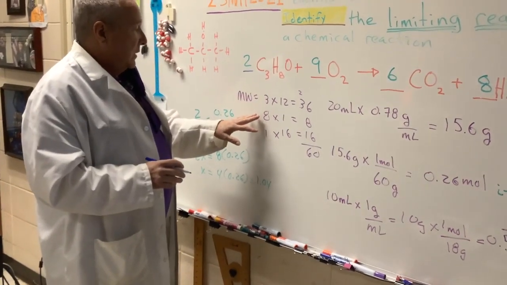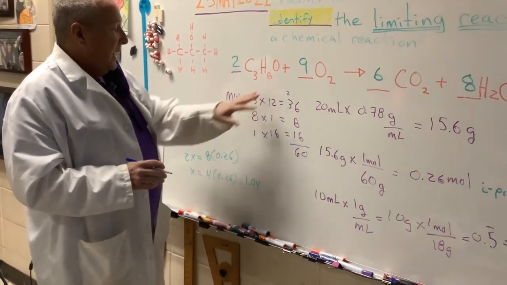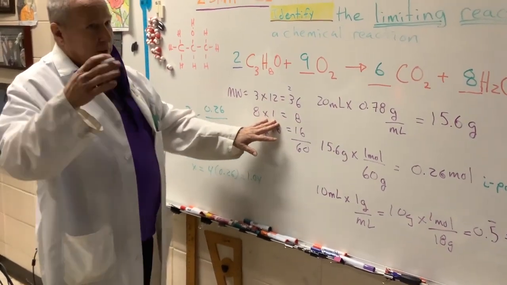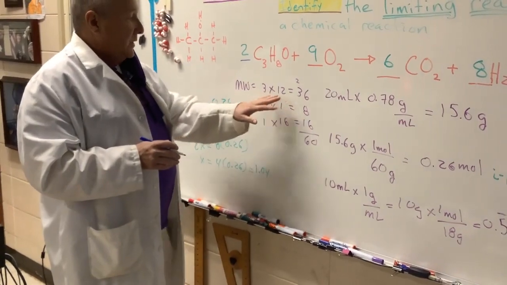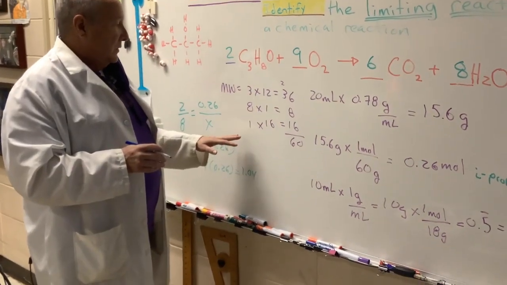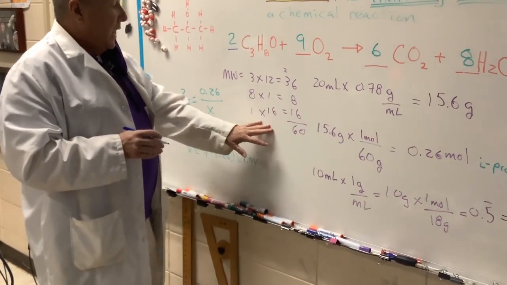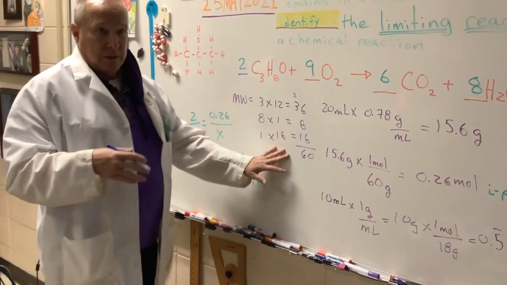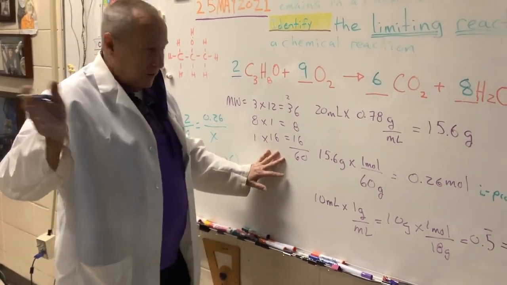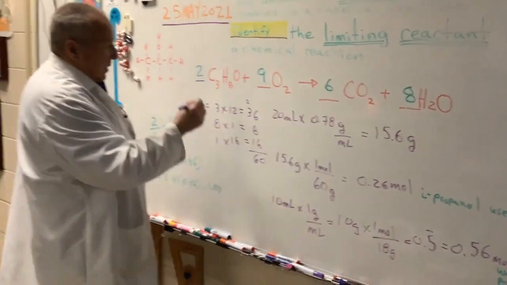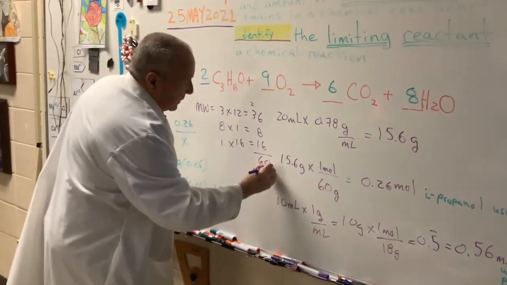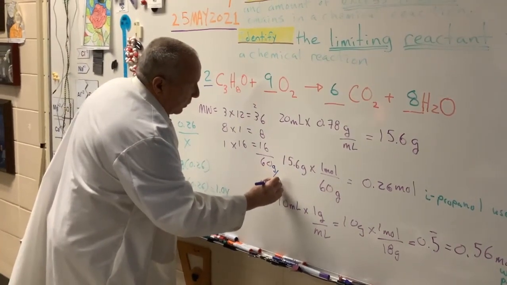There are 8 hydrogens, which are 1.00 something, but 1 for a total of 8. The 3 carbons give us a total of 36, and there's 1 oxygen of 16, or 15.999 something. So we'll call that 16, for a total molar mass of 60 grams per mole.